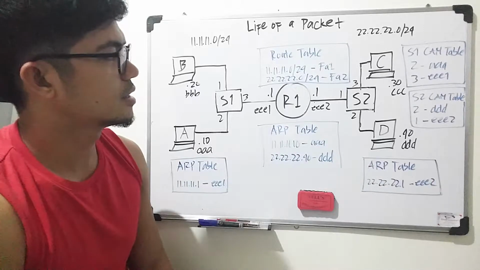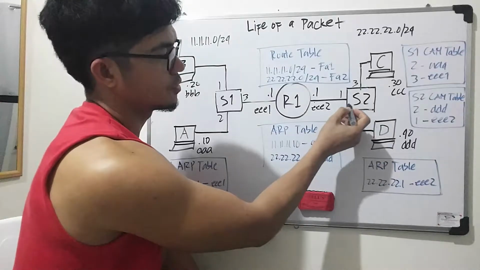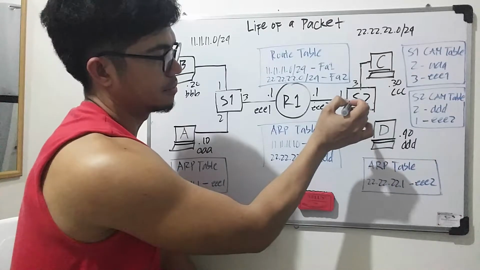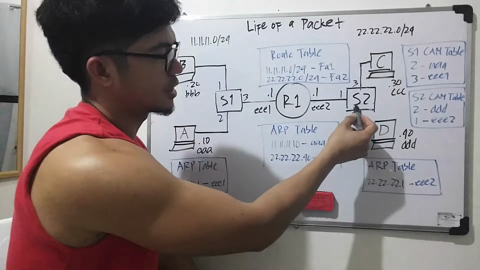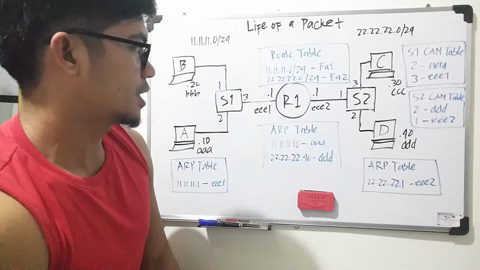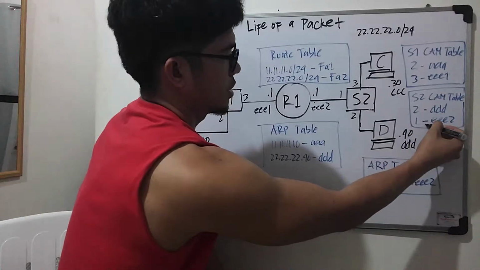So basically, the ARP request will go to switch 2 port 1 here, and switch 2 is just going to put an entry into its CAM table, as you can see here. So this will be the entry.